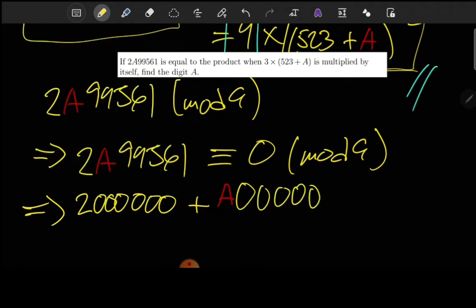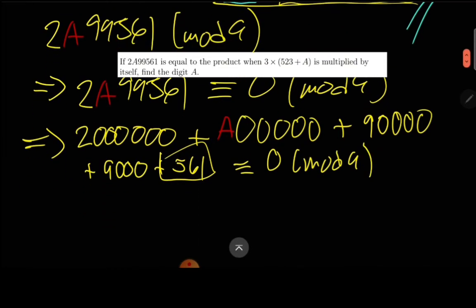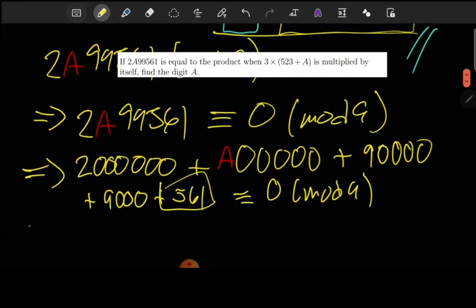This is basic mathematics that you learn in elementary. So we have 90,000 plus 9,000 plus 561. I'm just going to put this in this way, because there's no need to expand it further; if we solve it later, it will become much easier.